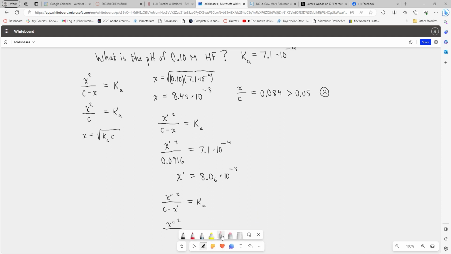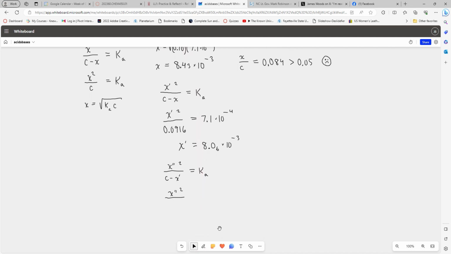Right over here, that's C. And then subtract our second value of x, 8.06 times 10 to the minus third. And that's what goes in the denominator, the difference between those two numbers. So 0.1 minus 8.06 times 10 to the minus third, and that gives us 0.0919.